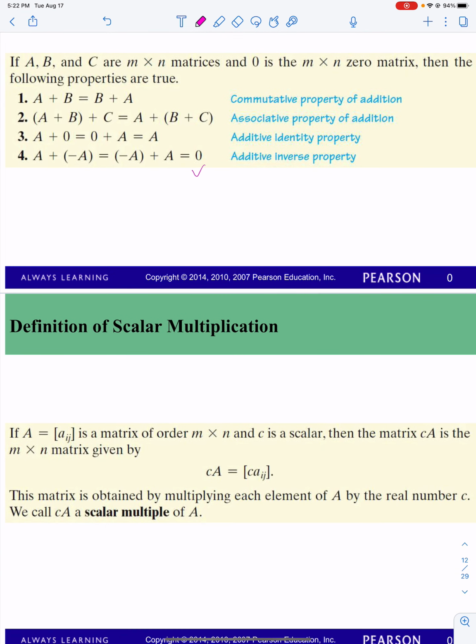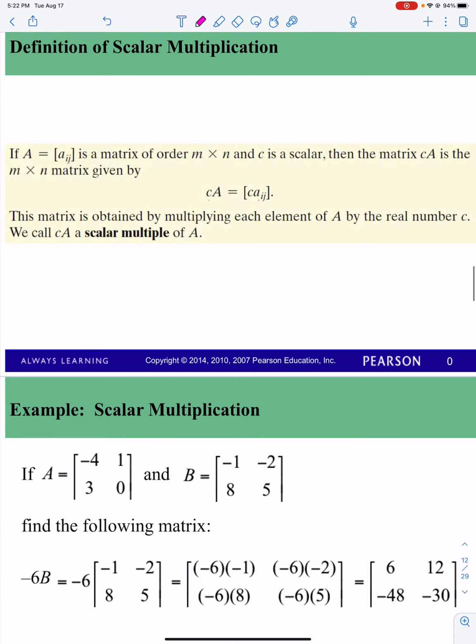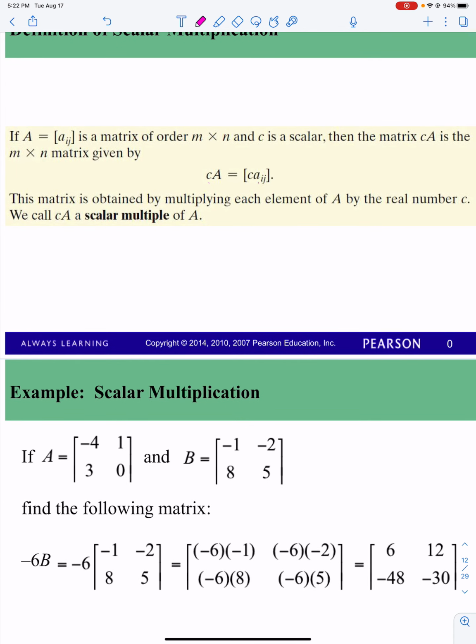And if you have scalar multiplication, what will you do? A scalar has to multiply every element in the matrix.